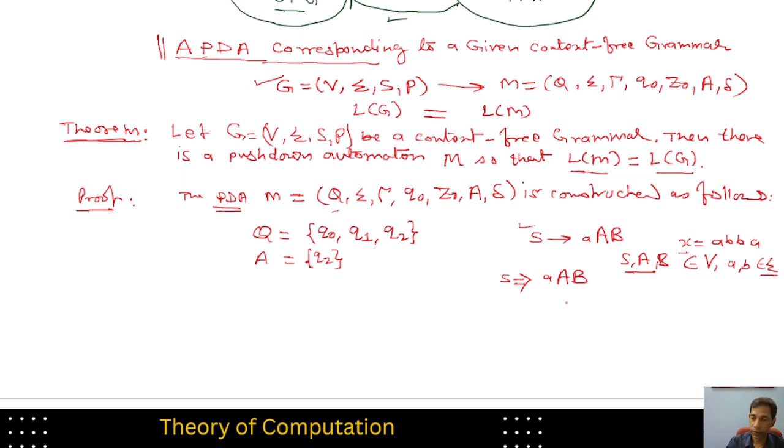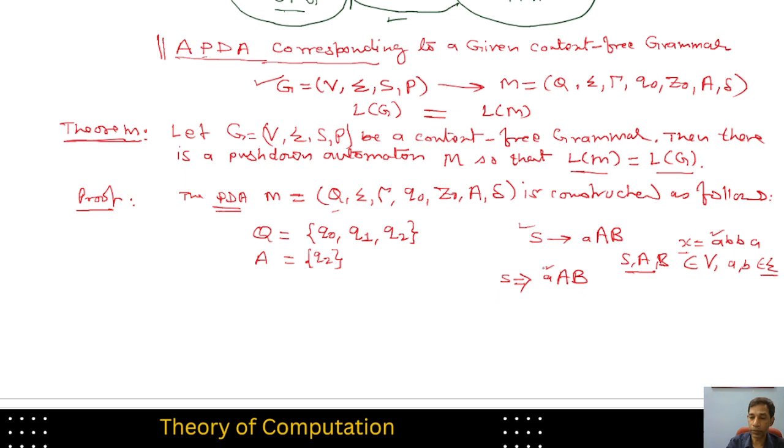Now see, S derives aB. Now you want to generate abba, and this starts with a. So input is a here and input is a here. This is matched. So this first a is matched with this input. Now our target is to replace the non-terminals so that we should be able to obtain abba.